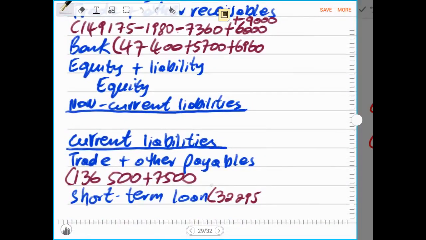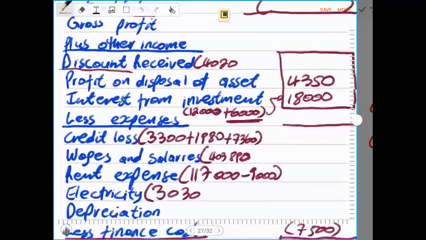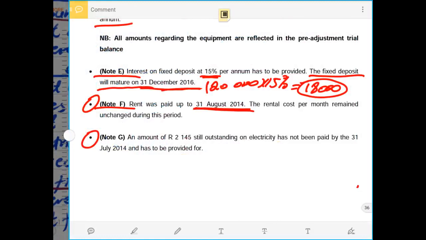Obviously it will be our current liabilities plus 2,145 rands. So now we have to go to our income statement, and we record that in the income statement, and we have to say plus 2,145 in our expenses. Here is the expense for electricity plus 2,145.